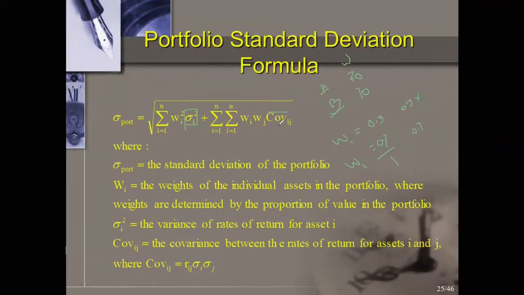As you add more assets, you will be required to calculate more and more covariances. Every time we add a covariance, we will be multiplying the weights. For example, right here, the weight of 1, 0.3, multiplied by the weight of 2, which is 0.7 in our case, and then multiplied by whatever covariance we have calculated.